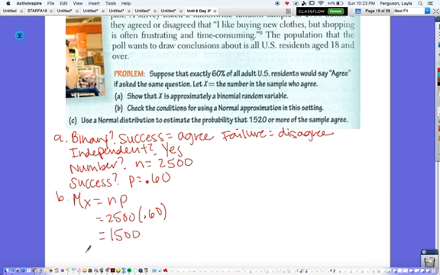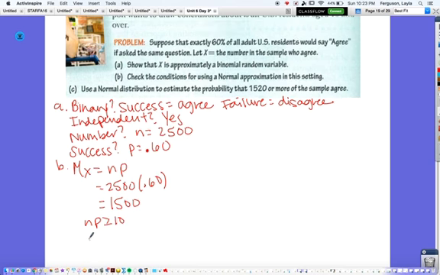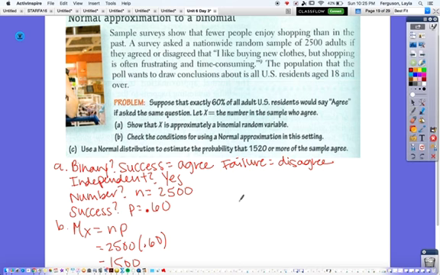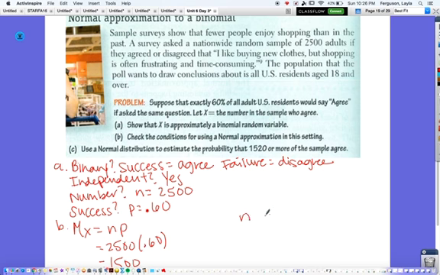So obviously n times p being greater than or equal to 10 is one thing we need to show, and 1,500 is definitely greater than 10. The next thing we need to look at for a normal approximation is n times 1 minus p, and we want that to be greater than or equal to 10 as well.